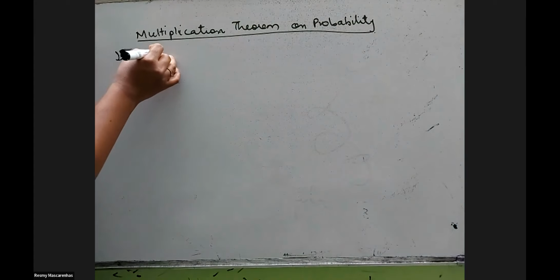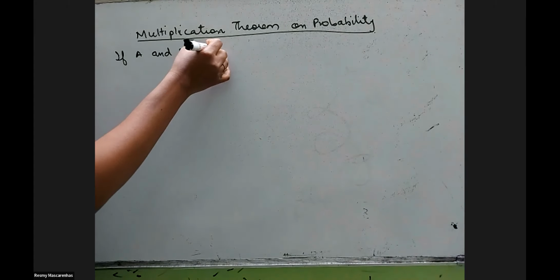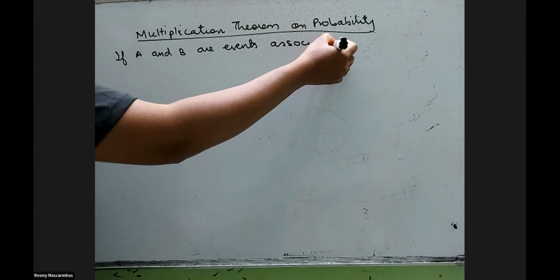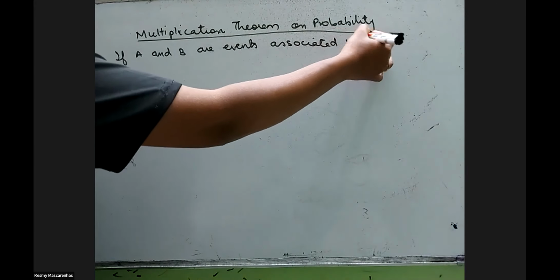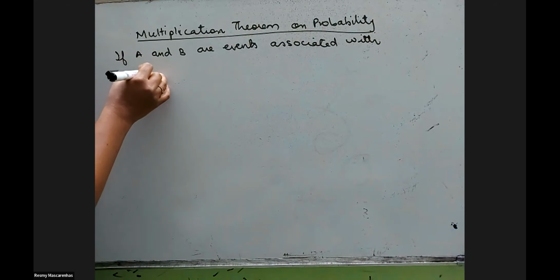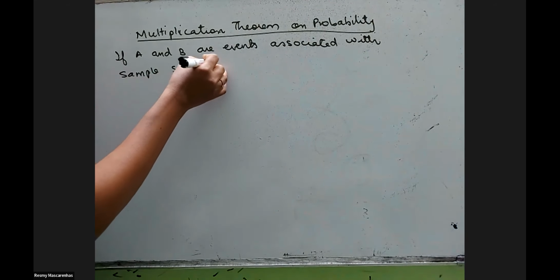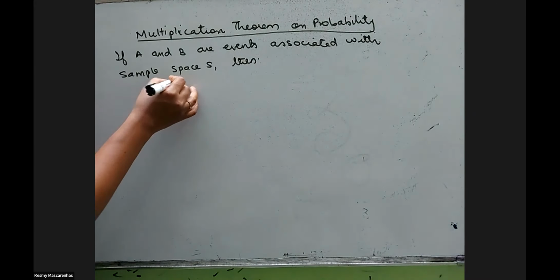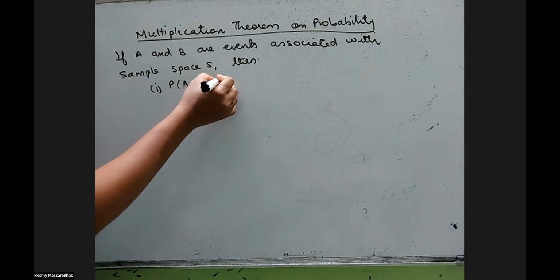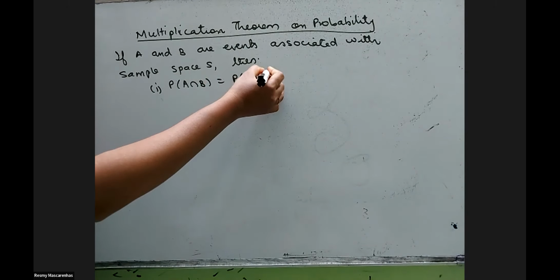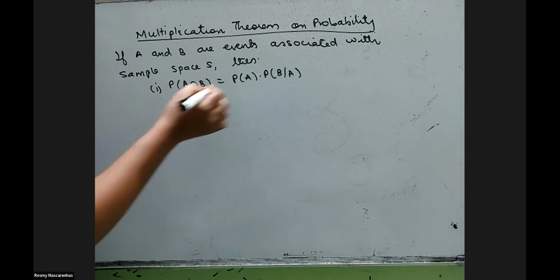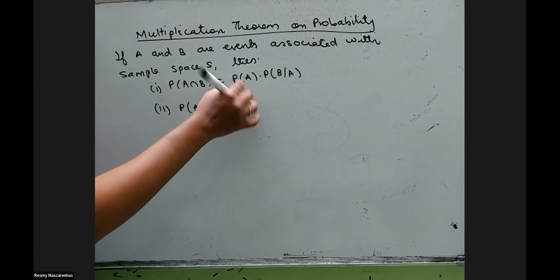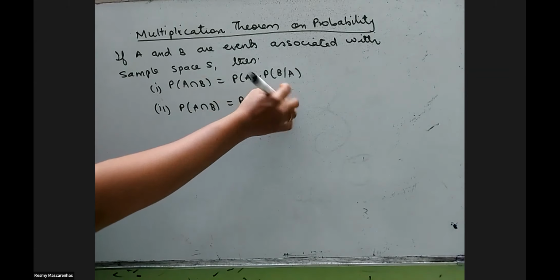If A and B are two events associated with sample space S, then these are both the proofs you have to prove. P of A intersection B is nothing but P of A into P of B by A, or if you are using P of B here, it will be the other way around.